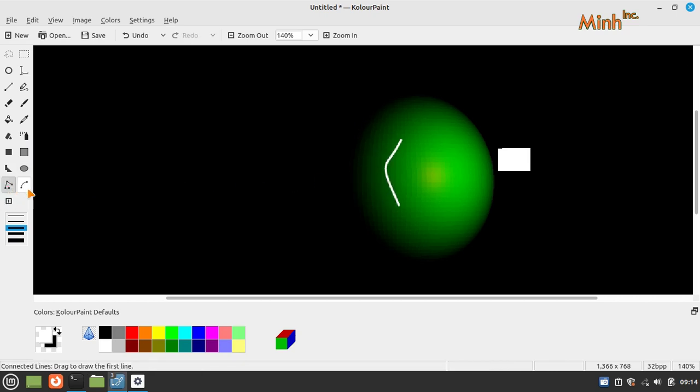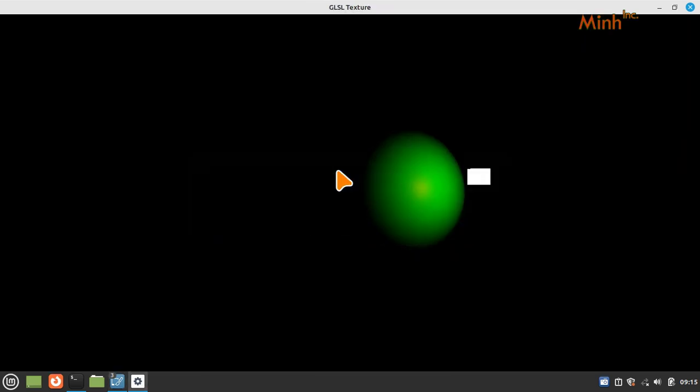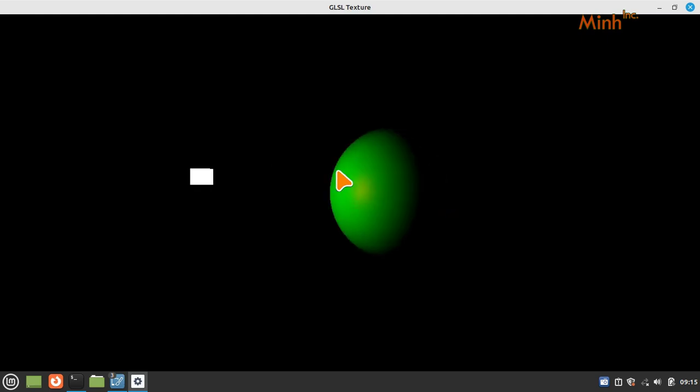And light in these areas, since the angle is growing, is even less, or it is dark. So if I move back the light, then we see the changes.